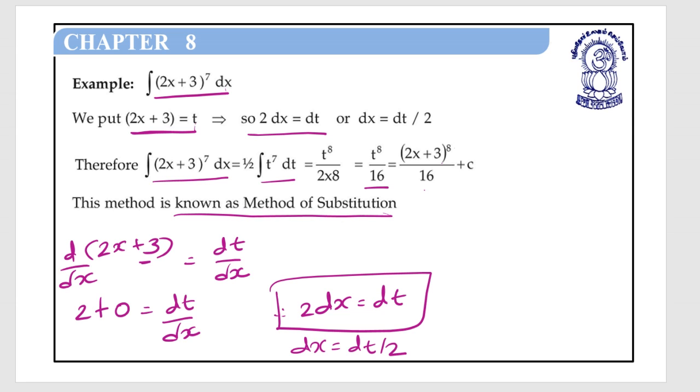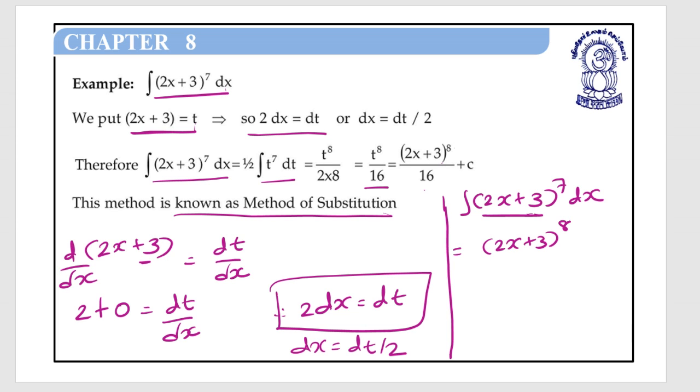There is another method, you can solve by using this method also. So (2x + 3) raised to 7 dx. Consider this as x, so you can write (2x + 3) raised to 8 upon 8.